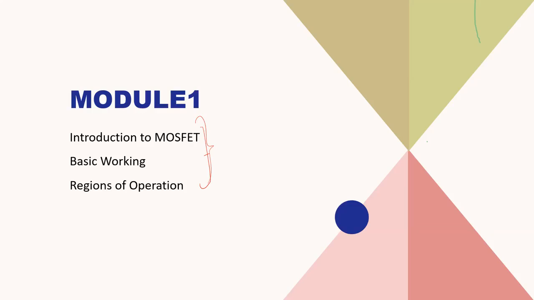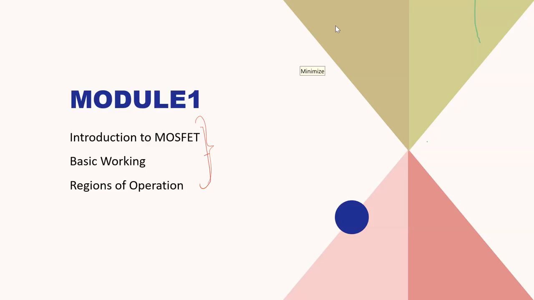Basic working would be, it is a current flow from source to drain. And then regions of operation, I have heard about depletion mode, enhancement mode, and inversion mode. That's correct.